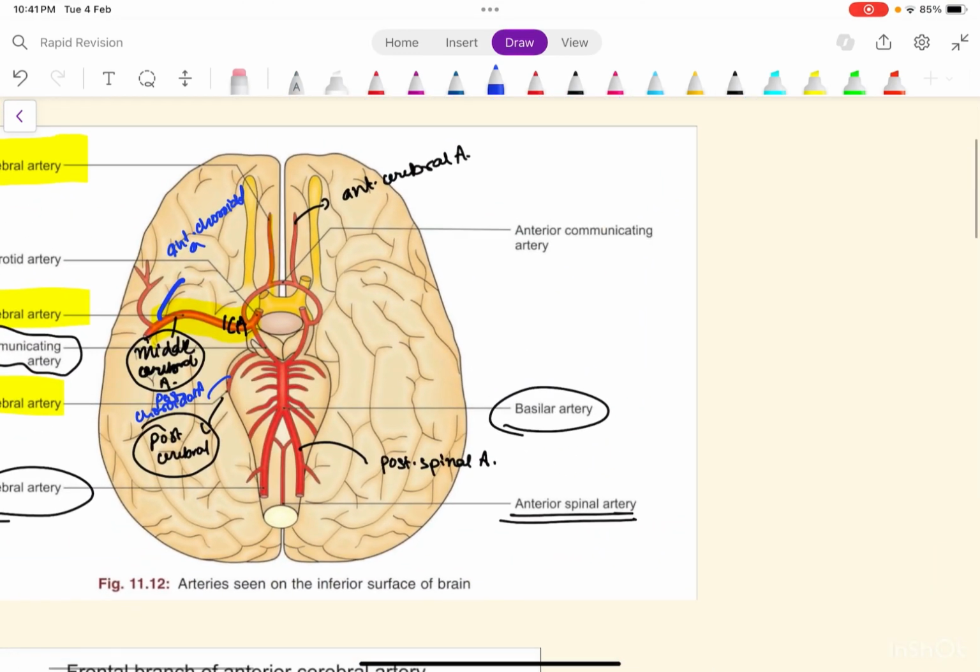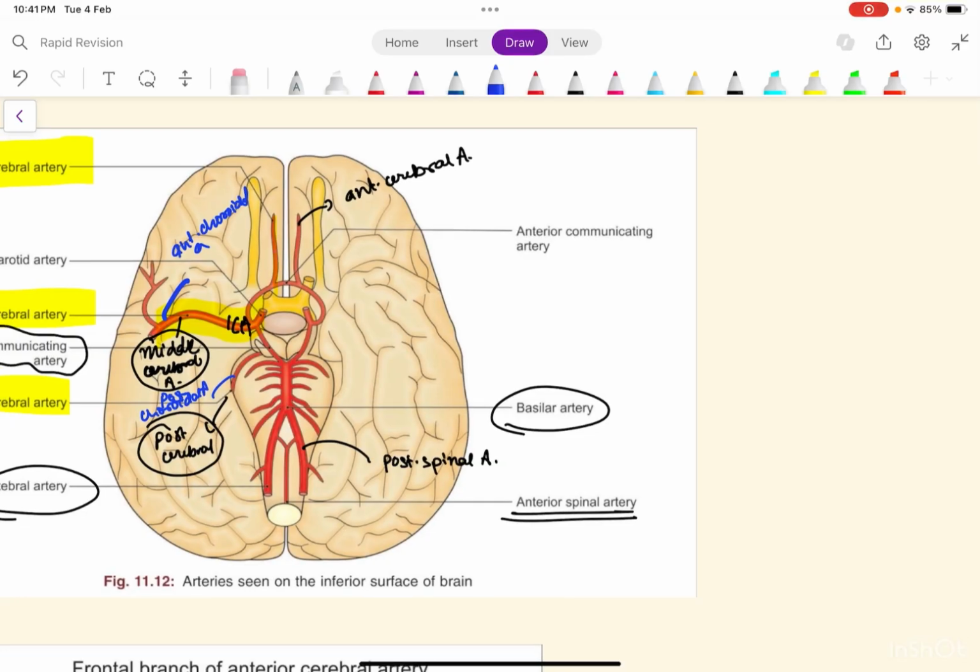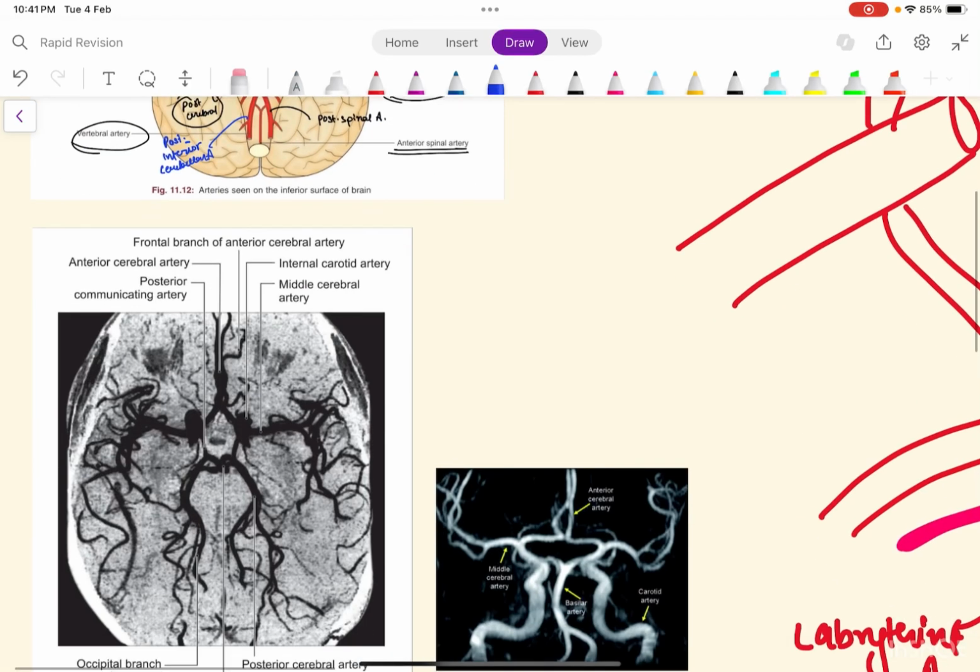And if you remember nicely, after the posterior cerebral we had somewhere, if posterior cerebral is this, here somewhere we had superior cerebellar artery, and then here we had anterior inferior cerebellar artery, and then here we had the inferior, basically posterior inferior cerebellar artery.